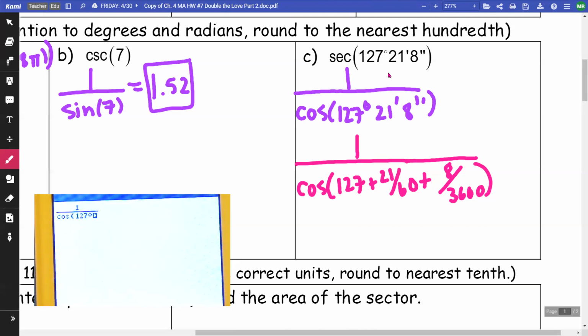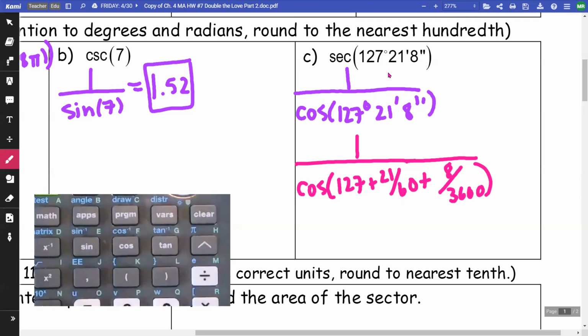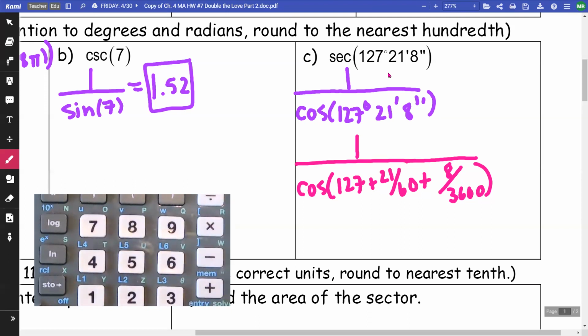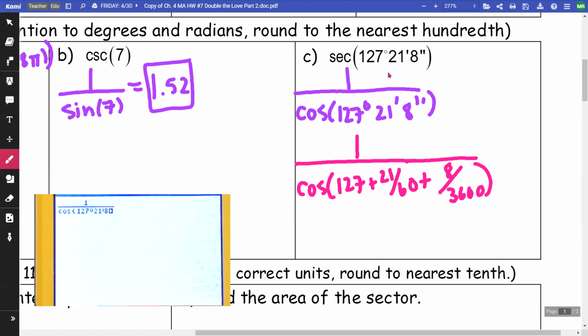Then I'm going to have 21, and do second and apps again for my minutes. Then I'll put in my 8 seconds, which is on my plus sign. It is green, so I'm going to do green alpha and then the plus sign to get my seconds.